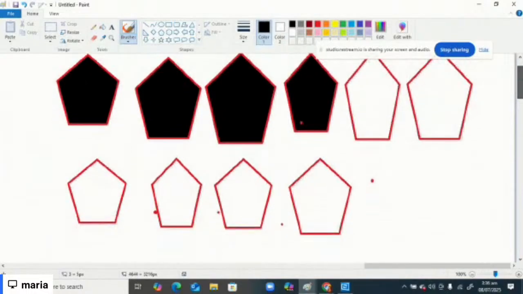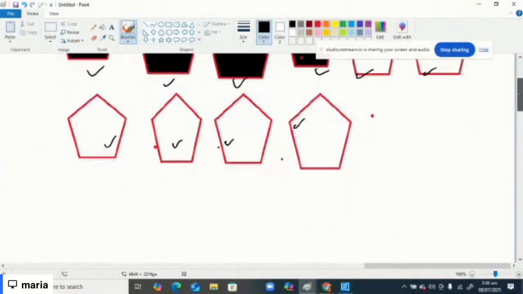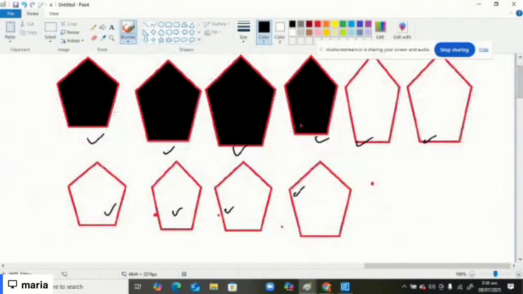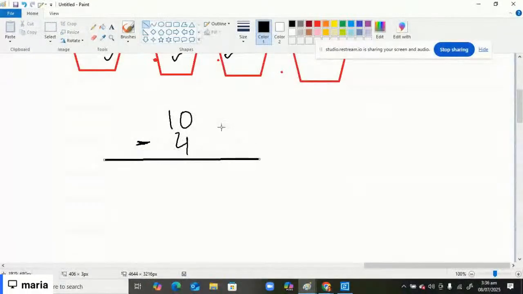First of all, you count how many total pictures there are. 1, 2, 3, 4, 5, 6, 7, 8, 9, and 10. So just put it down here, 10. And how many colored? These are total 1, 2, 3, and 4. 4 are colored. So we are finding out how many pictures are not colored.